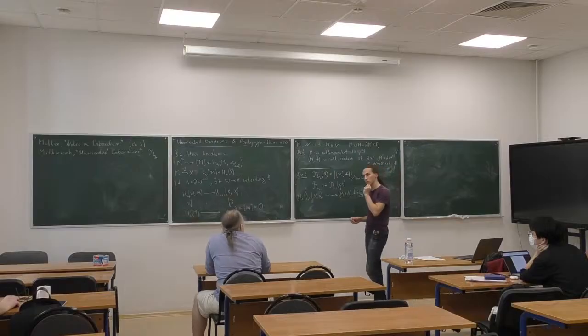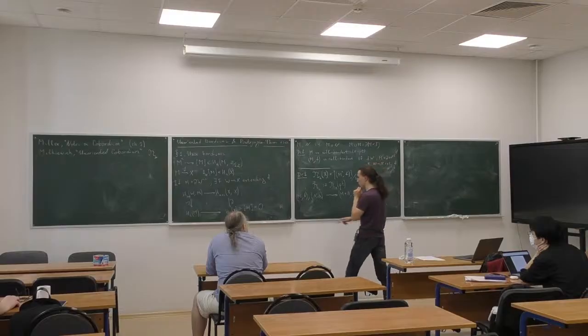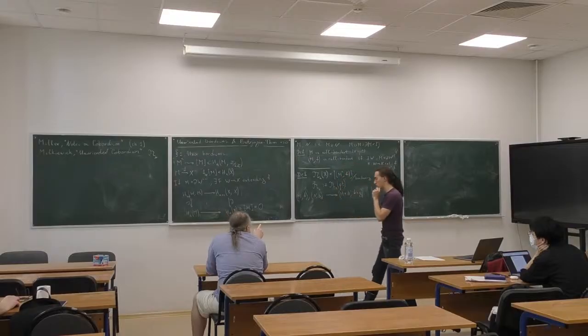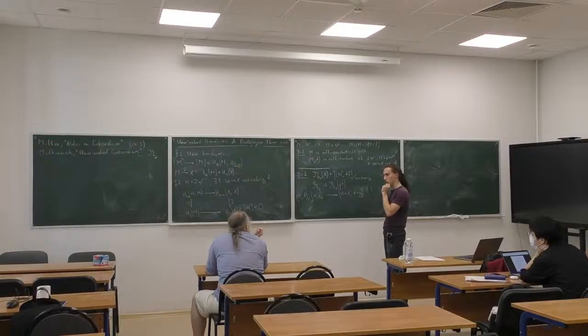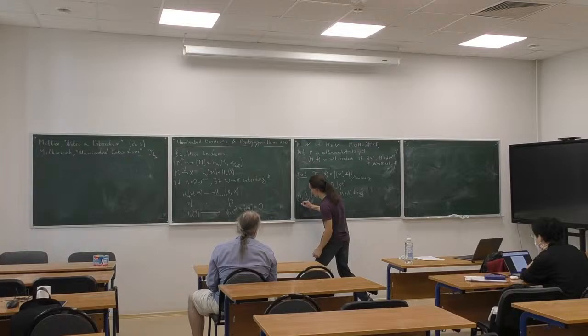So f goes where? From M to which space? f goes from M to X, g goes from N to X. Very well. So this product will go from M cross N to X squared. Yes, this is exactly what I wanted to write.